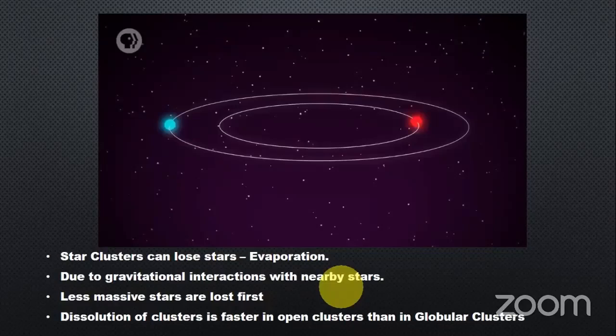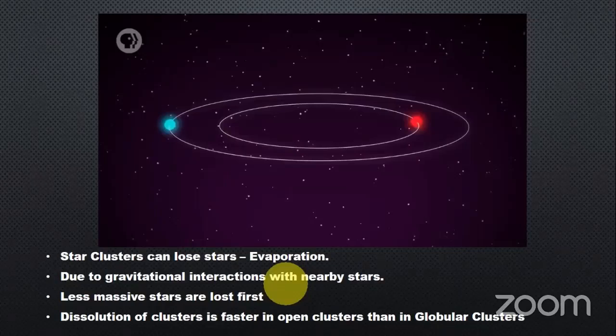So the less massive one is tossed out, just like the planet is going to be tossed out. If you're having stars, the less massive stars are going to be tossed out of the system, leaving behind the more massive ones. So the evaporation of clusters is faster in open star clusters than in globular star clusters.